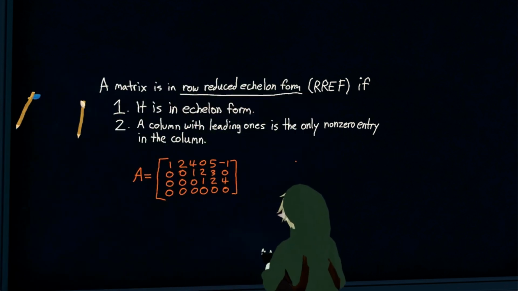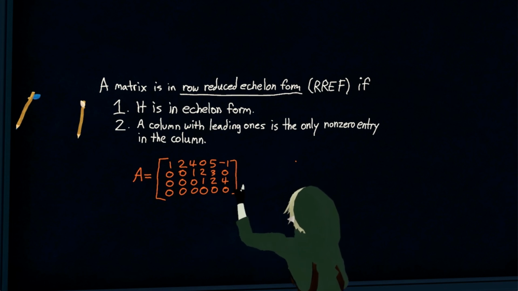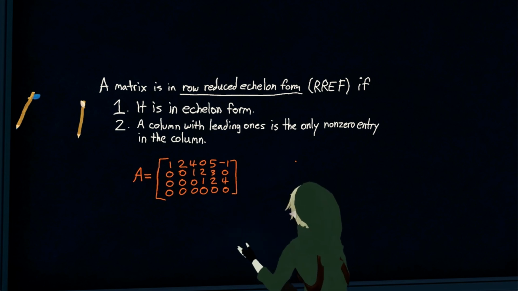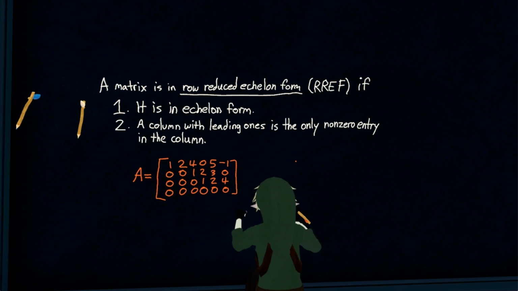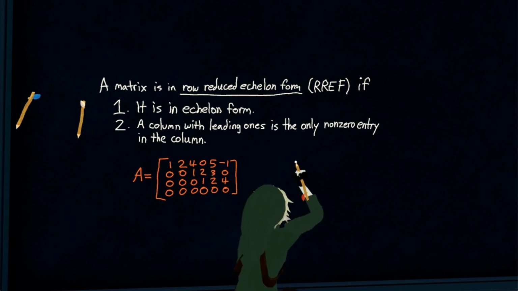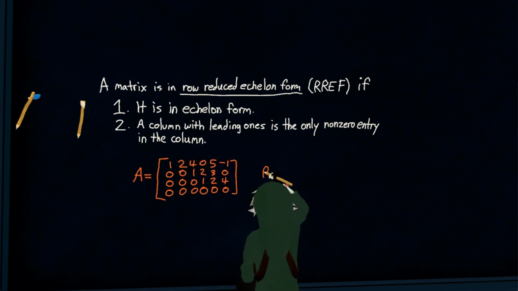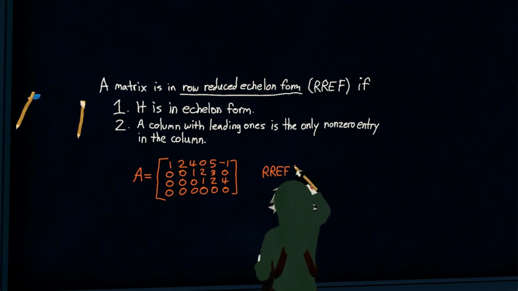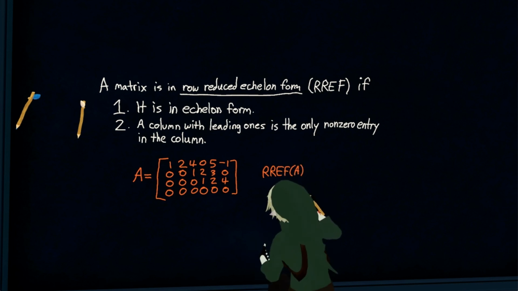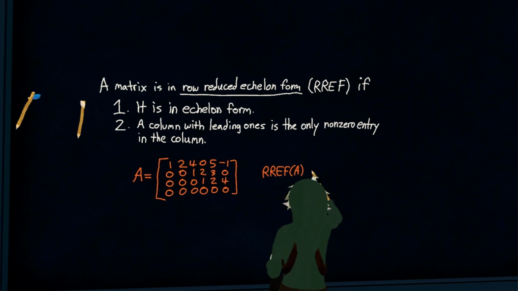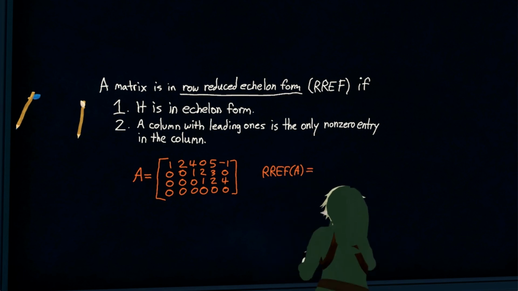A row reduced echelon form will look like this. That's a point. Okay? So an RREF will look like this.